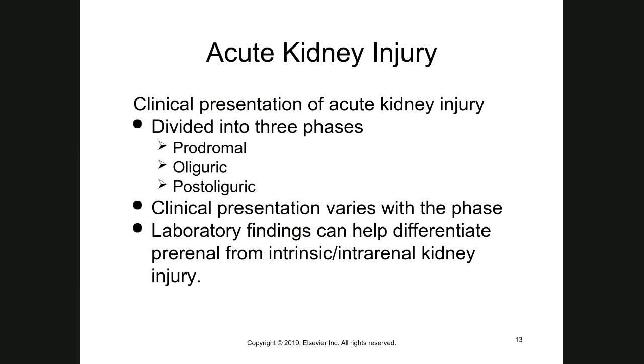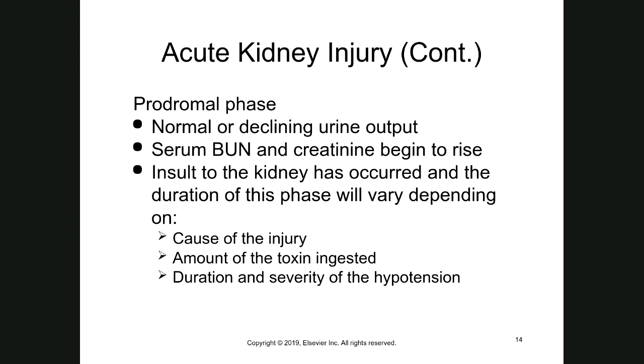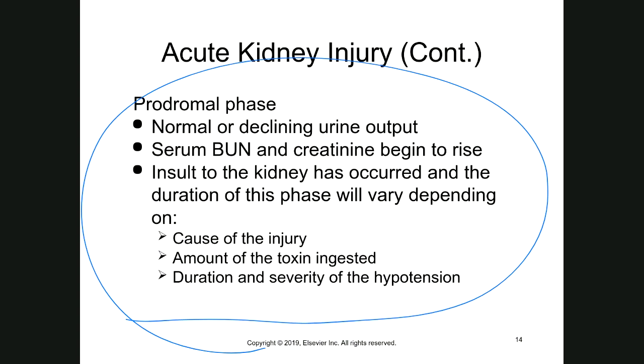This is, I will say, the presentation for what I will ask. I will not ask you anything from this one. Prodromal phase is a multiple choice, 2 or 4. You will see this question. Normal or declining urine output, serum BUN. I hope that you know what BUN is.